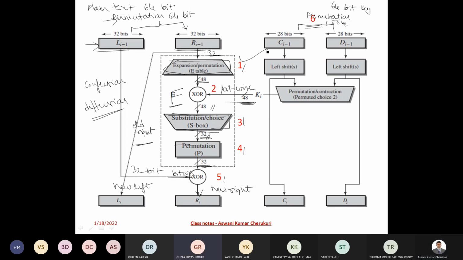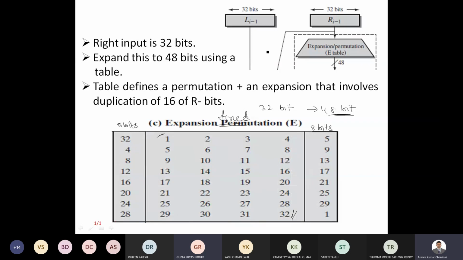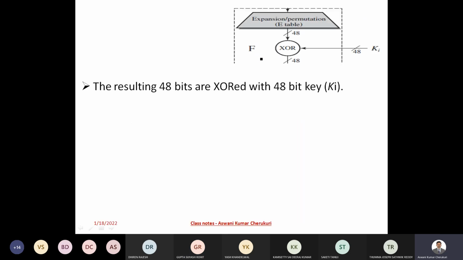We have seen the first step. Have you seen the first step or not? XOR combination. This is your first step, making expansion to 48-bit. Now the second step is to take the expanded 48-bit and XOR it with the key, which is a bitwise XOR operation.